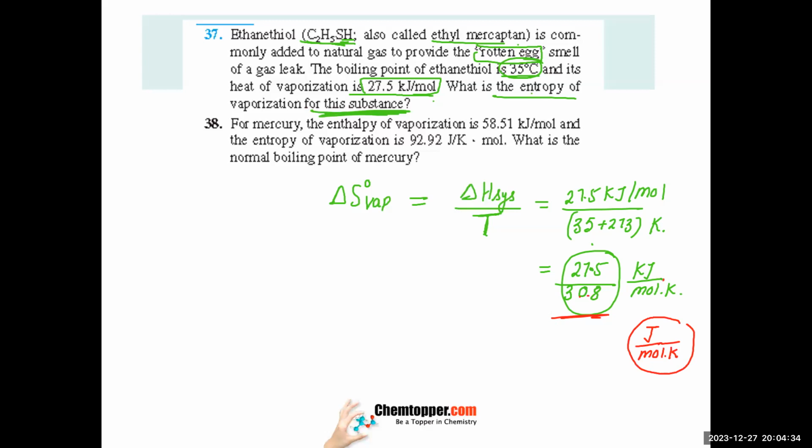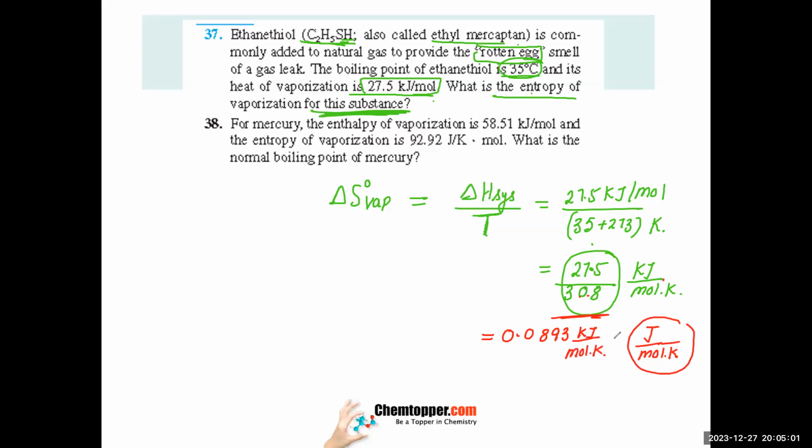Leading zeros are never counted. So I can leave my answer in kilojoules. That's not a problem. But generally it is given in joules. When you give me the answer in three significant figures, that will be 0.0893 kilojoules per mole Kelvin.